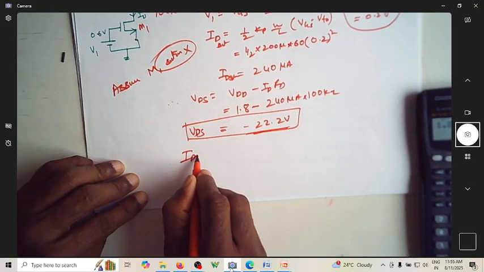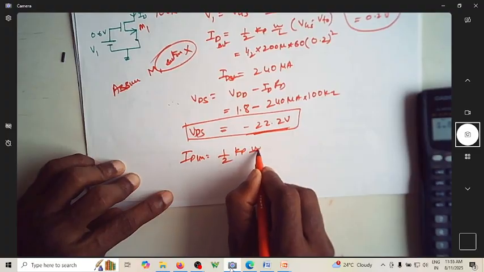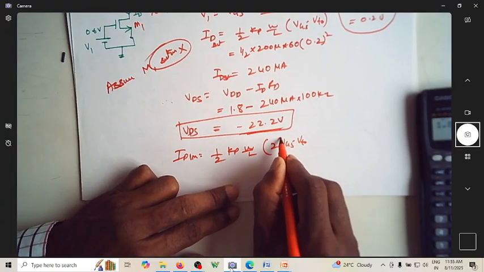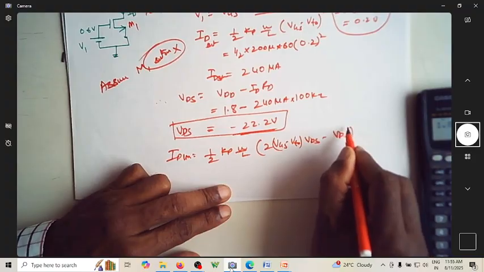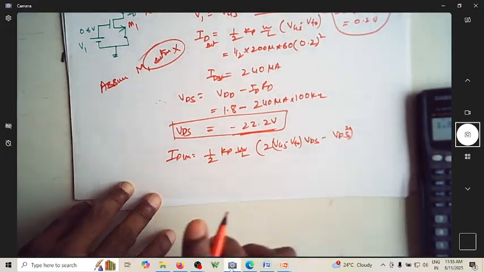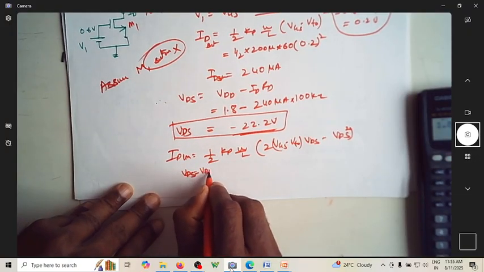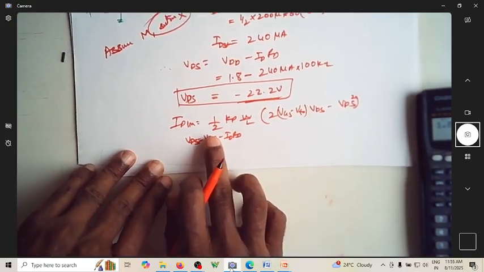So what is ID linear? It is half into Kp W by L, 2 VGS minus VTO into VDS minus VDS square. This is VDS square. So what is VDS? VDS is equal to VDD minus ID RD. Wherever VDS is there, replace it by this.